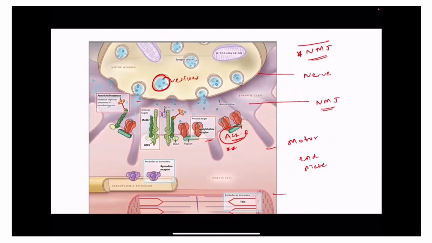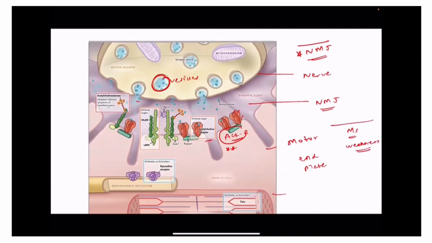Because of these antibodies, these receptors start getting damaged. And because there are fewer receptors, acetylcholine has nobody to act on. And that is why the patient has complaints of muscle weakness, because no acetylcholine is coming onto the acetylcholine receptors. And that is why weakness.